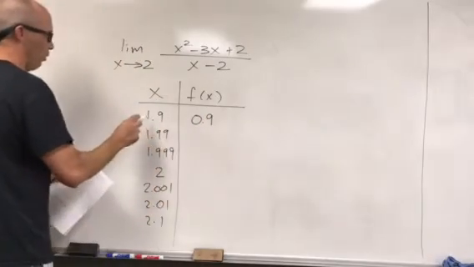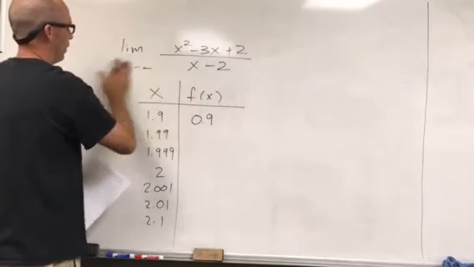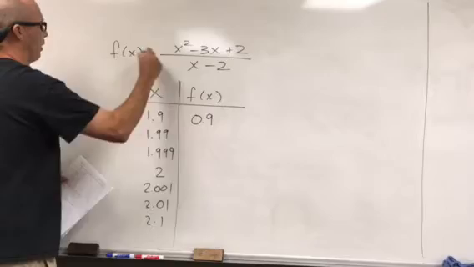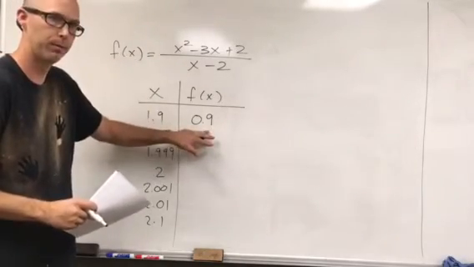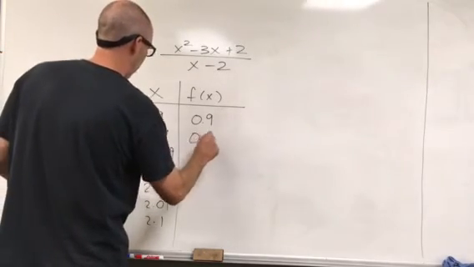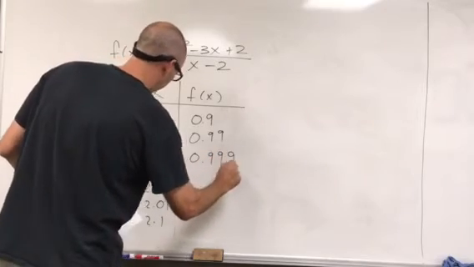So if you plug 1.9 into our function, let's say this is f of x, you get this number. 0.99, 0.999.